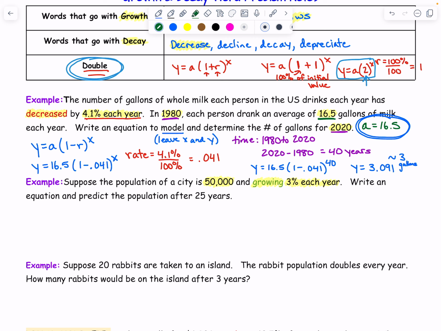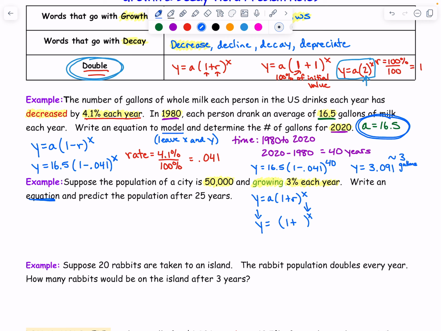All right. So it sounds like this is definitely growth. So let's write y equals a times (1 plus the rate) to the power of time. And remember, the model of our situation is going to still have the y value. We're going to fill in the a. We're going to fill in the rate. And it's still going to have that x value. But the other elements we need to fill in for our model or our equation.